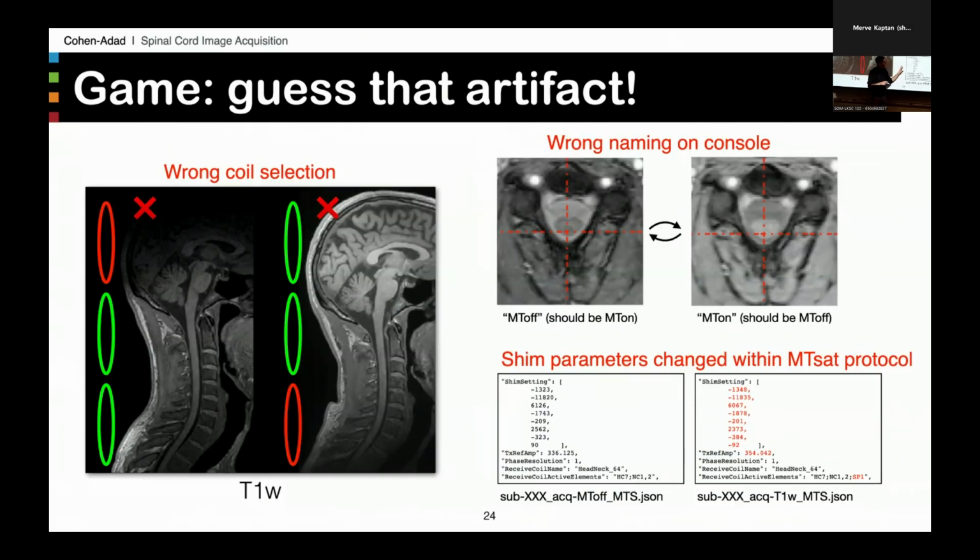In this case, I don't know what they did, but the shim parameters changed, and as a result, the signal intensity changed, the FFT scaling changed. So basically, you cannot compute a proper quantitative metrics with that. So it's little things to be extremely aware of.